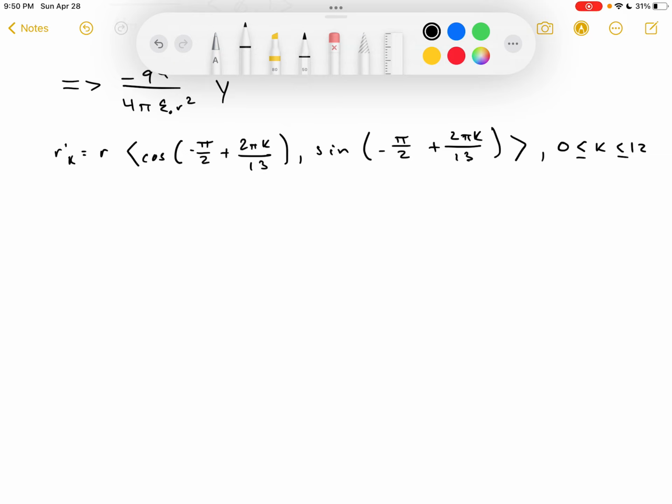When you solve for the force, use the same equation as before. It's just that now, instead of 12, we have 13.